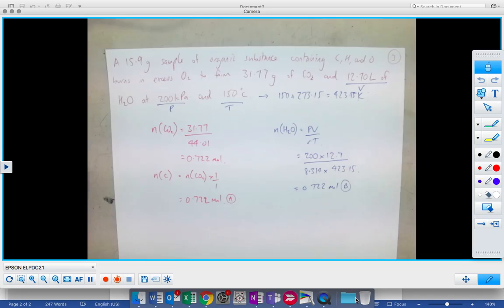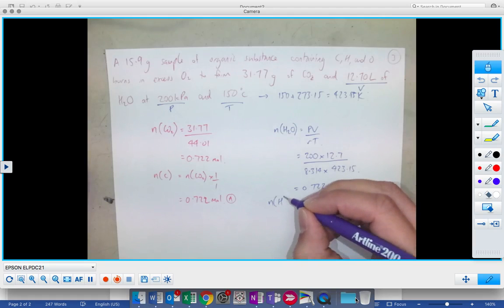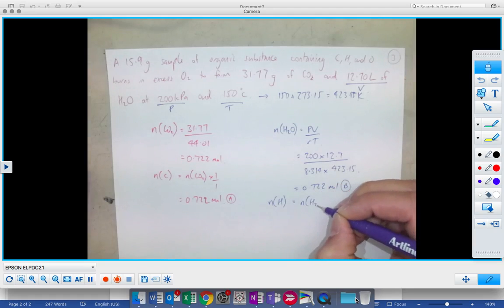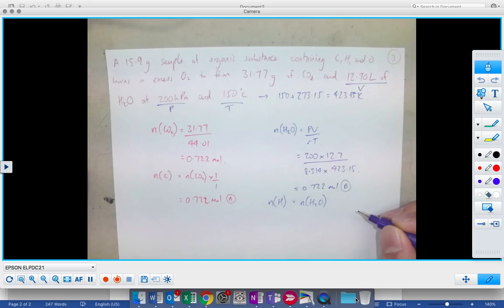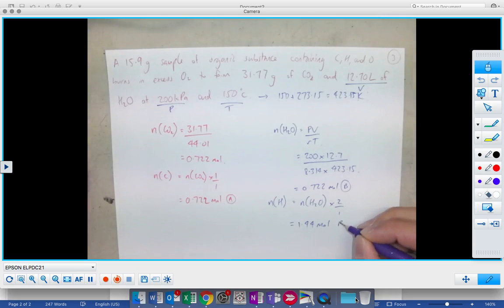I'm going to save this as B. Whoops, that's not what I wanted, because I don't want the number of moles of hydrogen, I want the number of moles of water. From the number of moles of water to hydrogen, it'll be times 2 over 1, so I'm going to times that by 2, and we get 1.44 moles. And I'm going to save this one as B.